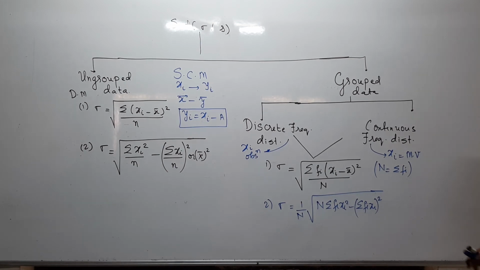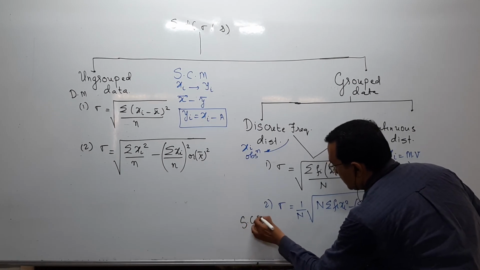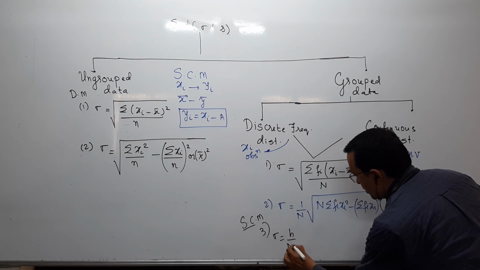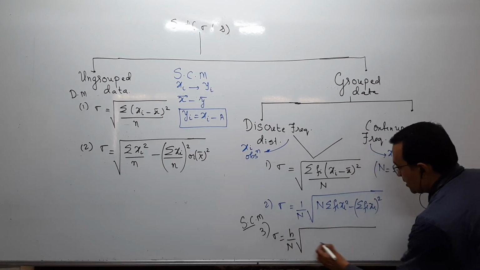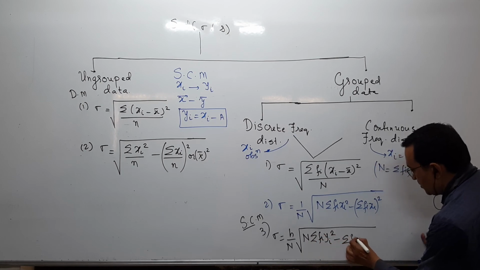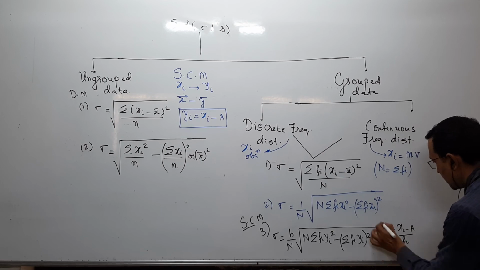And then comes the shortcut method formula: sigma is equal to h upon n, n into summation fi yi square minus summation fi yi the whole square, where yi is nothing but xi minus a upon h.